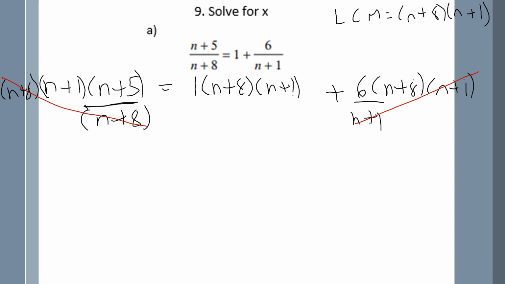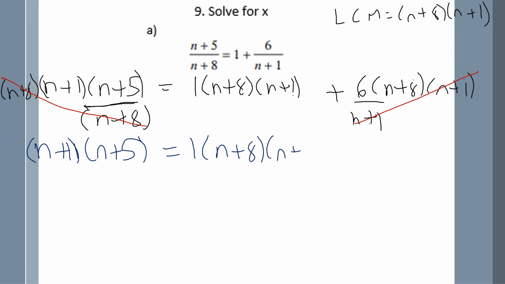So when you get to this point, you should have n plus 1 times n plus 5 over here equals 1 times n plus 8, n plus 1, plus 6 times n plus 8.